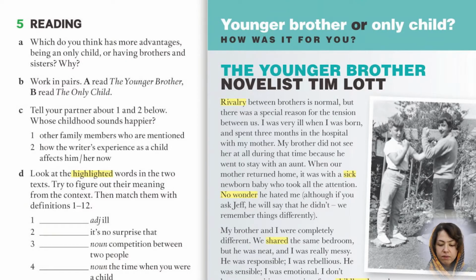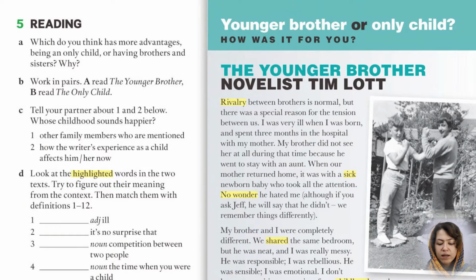Let's go. The younger brother, novelist Tim Lott: "Rivalry between brothers is normal." Rivalry, competition. "But there was a special reason for the tension between us." Tension means a kind of pressure, argument.